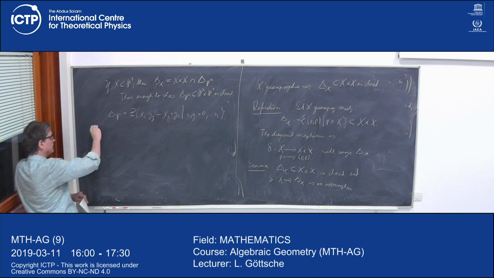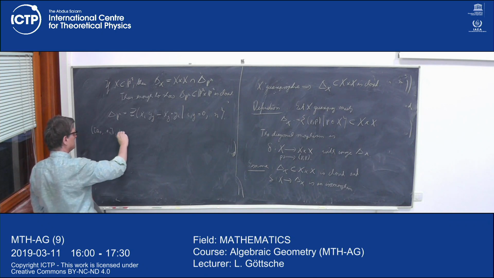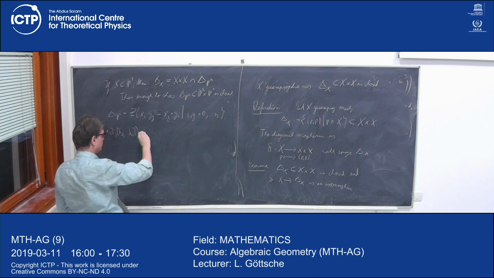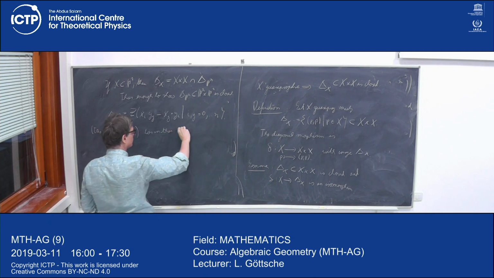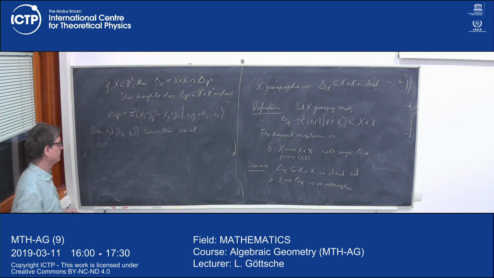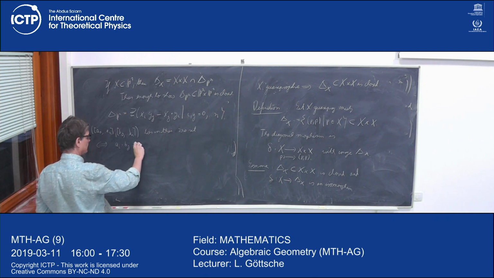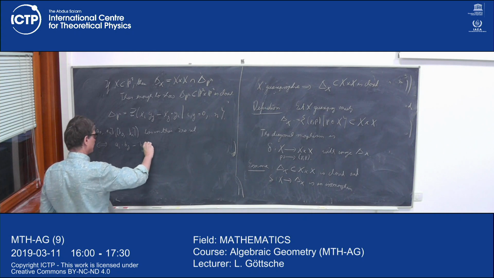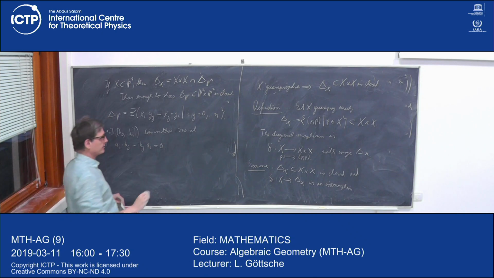So, if I have a point a0 to an, b0 to bn, it lies in this zero set if and only if ai times bj minus bj times ai is equal to 0 for all i and j.